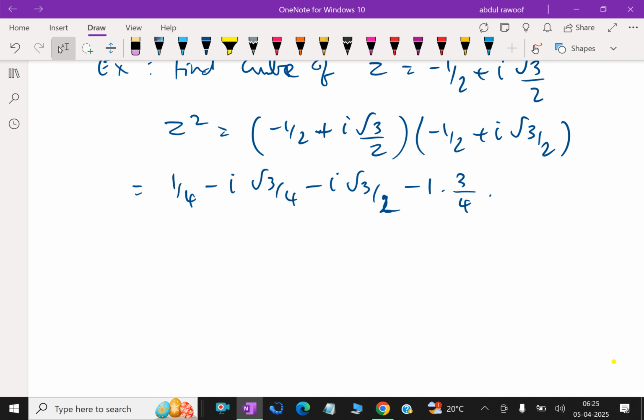Look at here, this quarter minus 3 by 4 gives minus half.